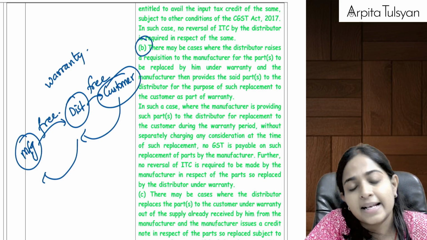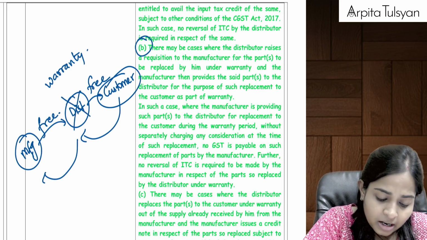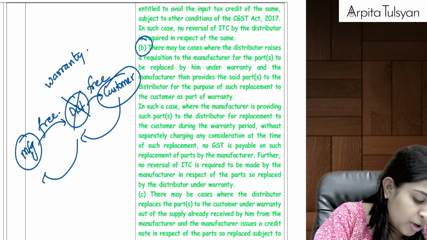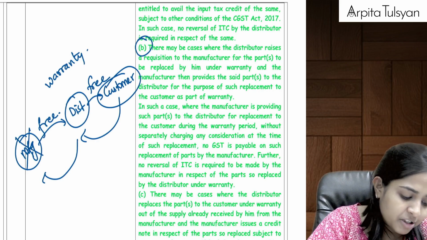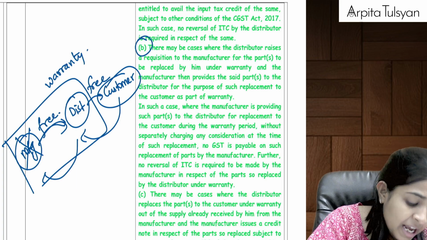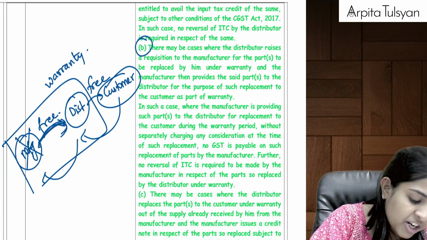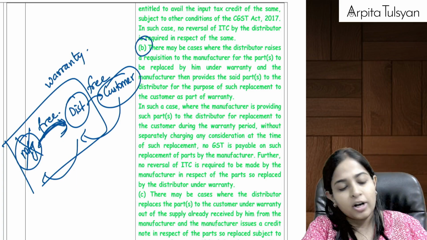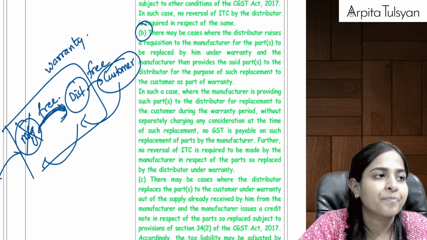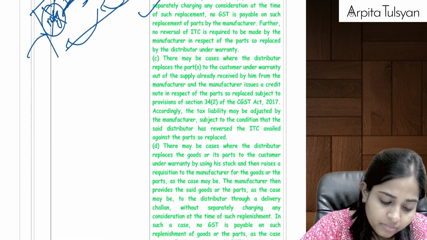It will be considered a taxable supply, and the manufacturer will not have to do any reversal. Even if the manufacturer is giving it to the distributor for free, he has already charged that consideration at the time of the initial sale, so he is not required to reverse ITC. Are you understanding this? This is the next point.